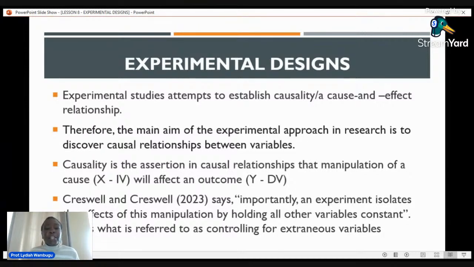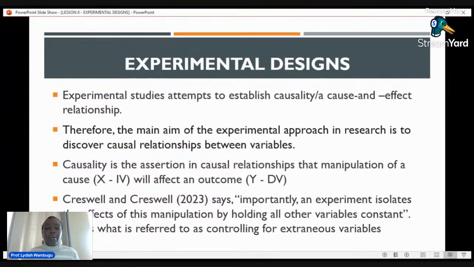So experimental designs attempt to study causality. Now, when we talk about causality, we are talking about cause and effect relationship. When you manipulate X, there is a change that occurs in the outcome. That is what we call causality, the cause and effect, that a change cannot occur unless there is manipulation of X, which in our case is the independent variable.